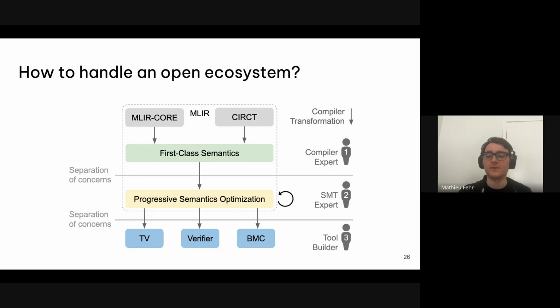One which is an expert on SMT, on what kind of optimization you can write on your semantics abstraction to make this more amenable for an SMT solver. And one which is just, what kind of tools we want to build around it.